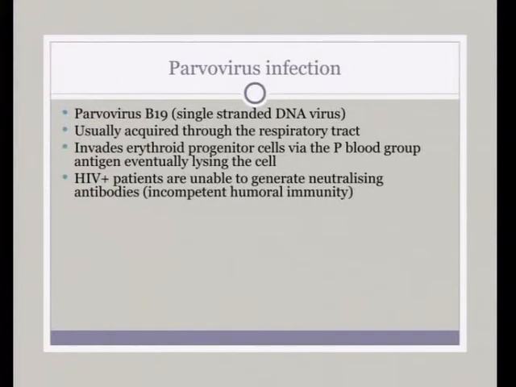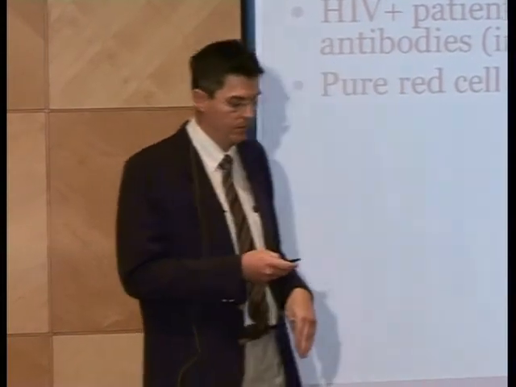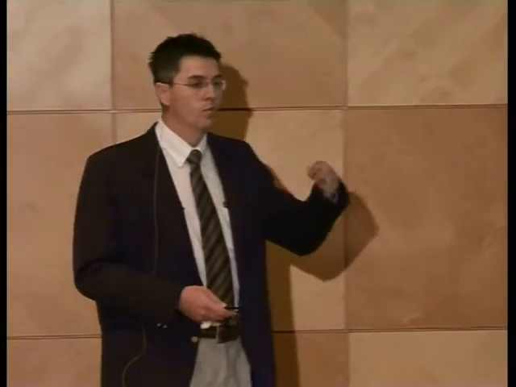HIV positive people are unable to mount a humoral response with neutralizing antibodies, and this results in pure red cell aplasia because this virus infects the red cells directly, causing apoptosis, and there's a maturation arrest in those cells until you form neutralizing antibodies, if that happens.